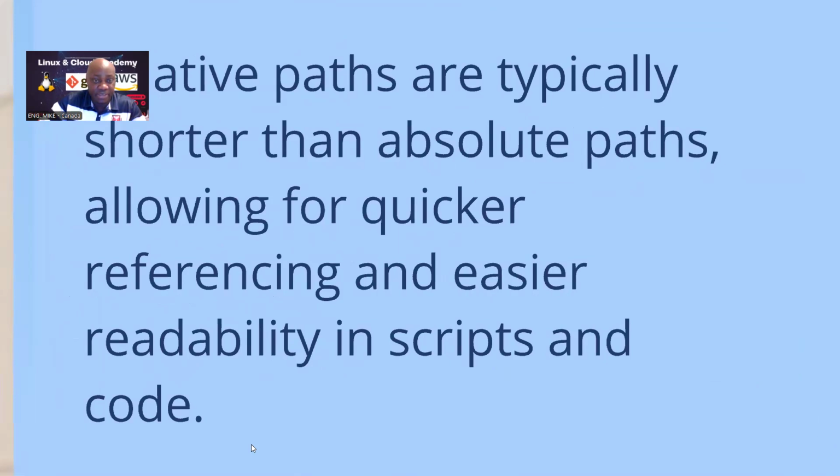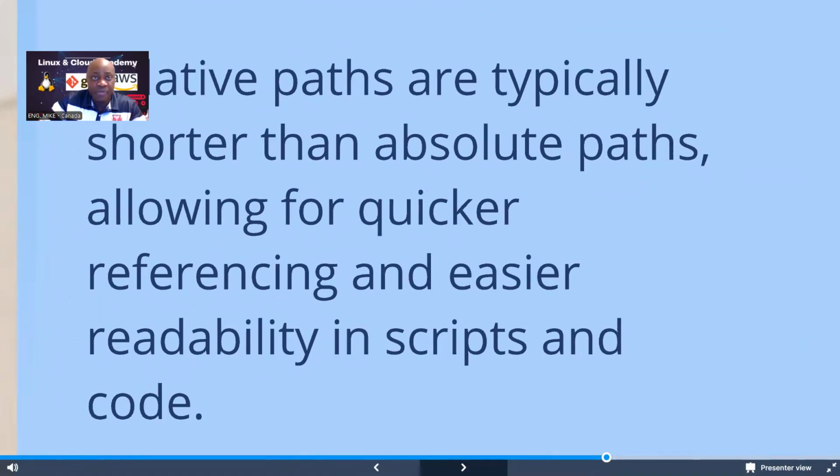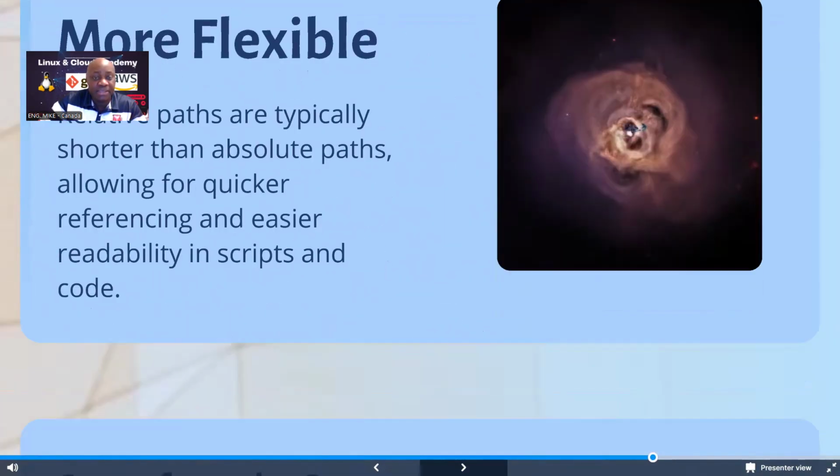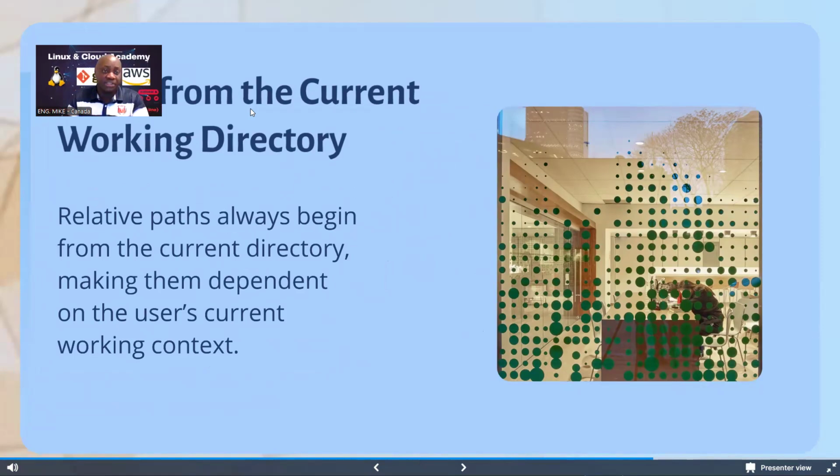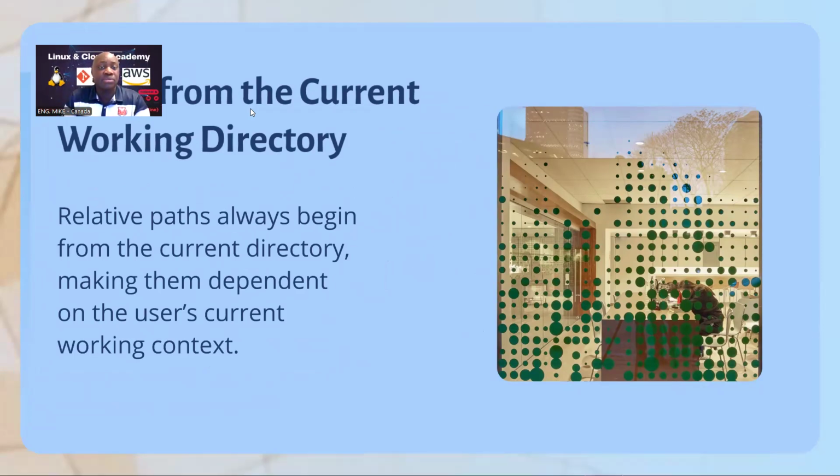That's very self-explanatory. Now, the next one is that it starts from the current working directory. The relative path always begins from the current directory, making it dependent on the user's current working context.